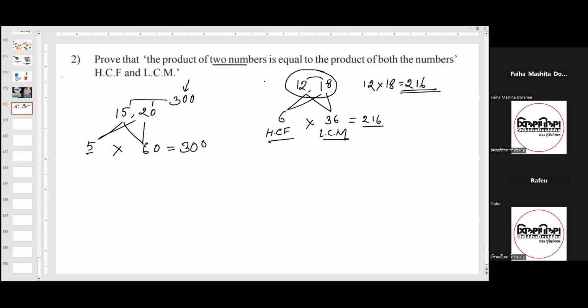So it is true for 15 and 20, right? It's true, but 60 is the LCM of 15 and 20, not 40. I'm telling you, 60 is the LCM of 15 and 20.